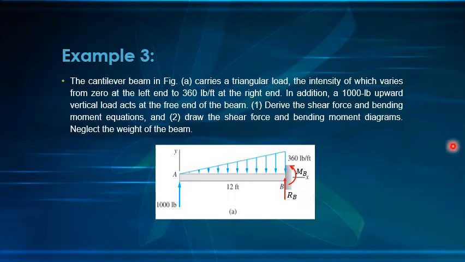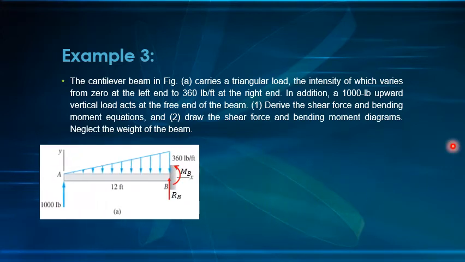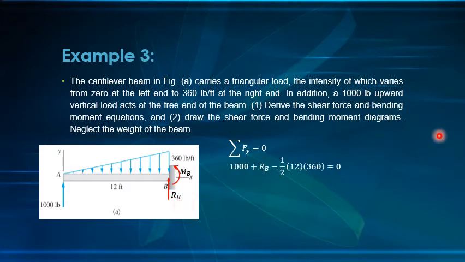Okay? So, we do summation forces Y for us to solve for RB. Positive 1,000, it's going up, plus your RB minus 1/2 of this uniformly distributed varying load.